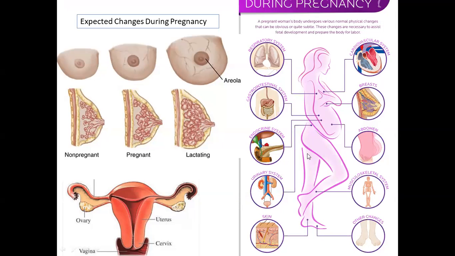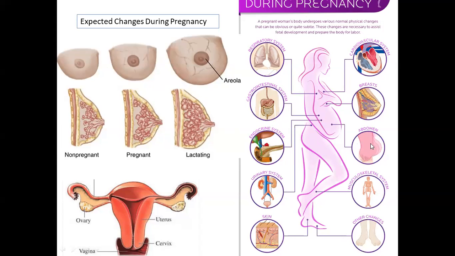So this picture shows the expected changes during pregnancy. This small picture can talk. How? This is the lungs, meaning the respiratory system. This is the GI, gastrointestinal system. This is the heart, cardiovascular system. This is the mammary gland. And this one is the endocrine gland.